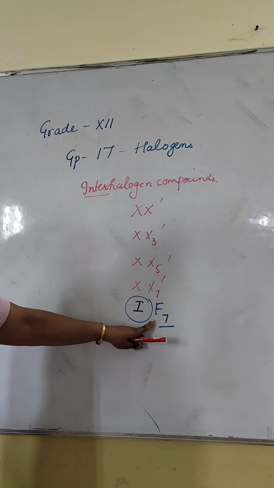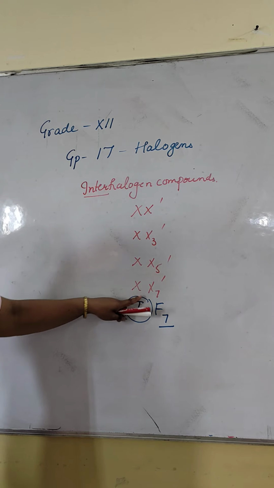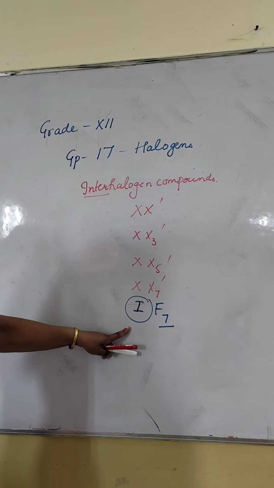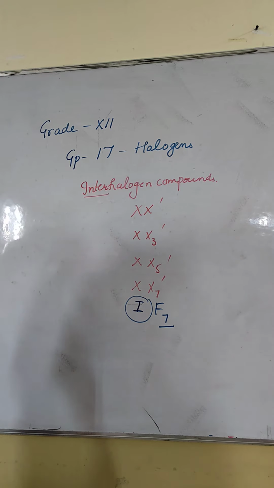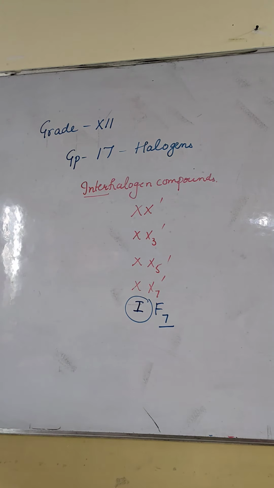So if the ratio between the sizes of the halogens increases, the number of atoms per molecule also increases. Fine? Clear to everyone? That is your interhalogen compounds.